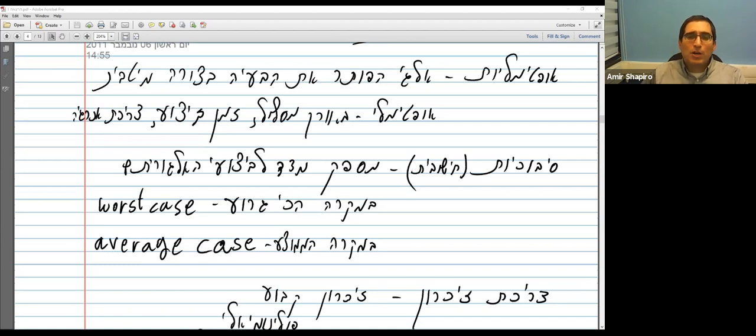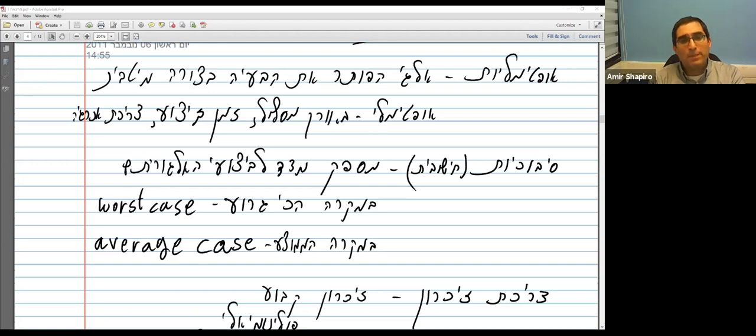We can talk about complexity, and it is about computational complexity. Computational complexity is a measure of how good the algorithm is, how well the algorithm performs.